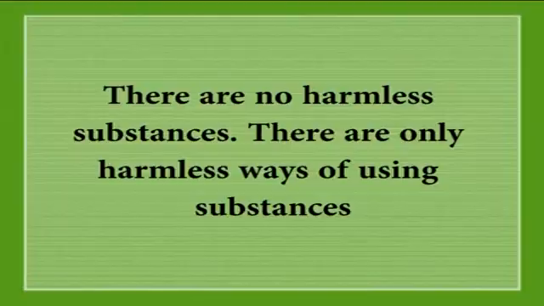Even oxygen, which is a necessity of life, becomes toxic at extreme concentrations. It has been said there are no harmless substances. There are only harmless ways of using substances. This is generally true and a very important concept.